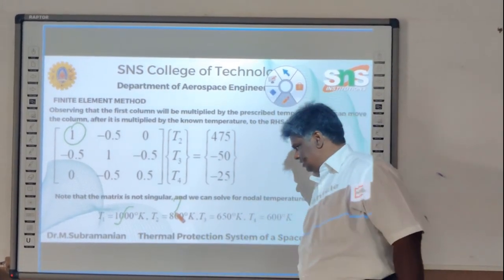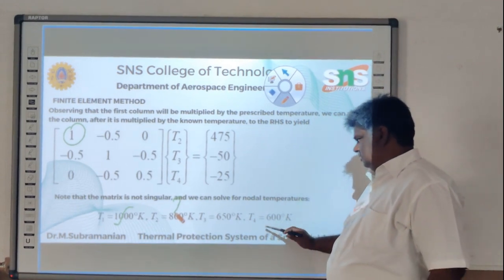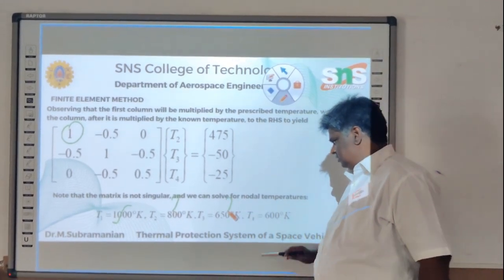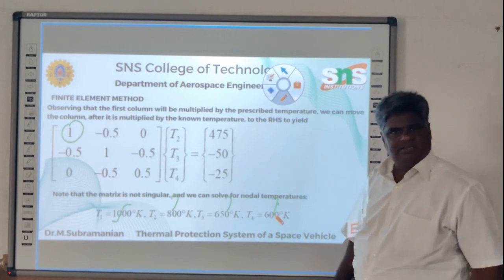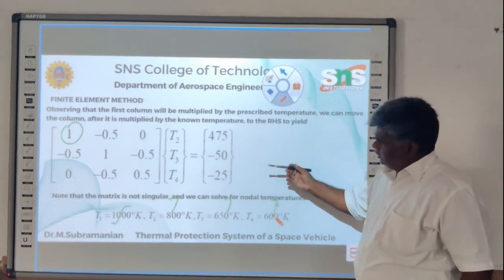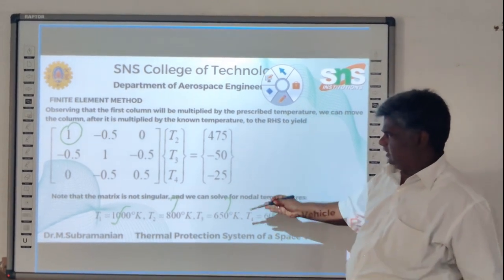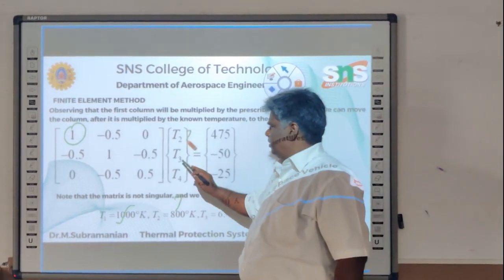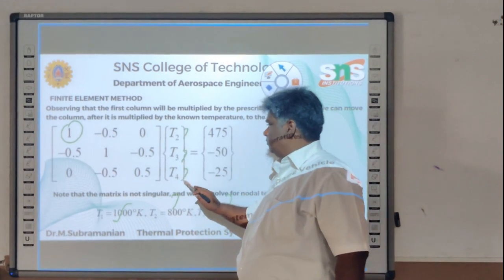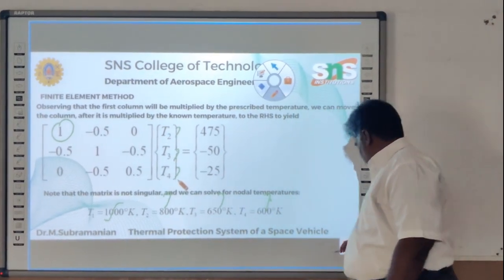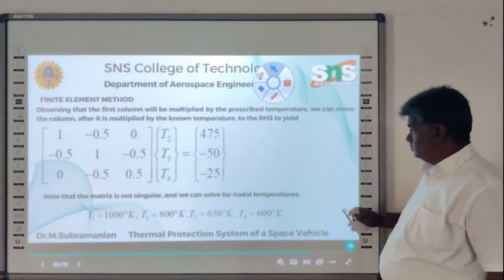T2 is 800 degrees Kelvin, then T3 is 650, T4 is 600 Kelvin. So by using the Gaussian elimination approach or your calculator, you can directly find the unknown values of T2 and T4.